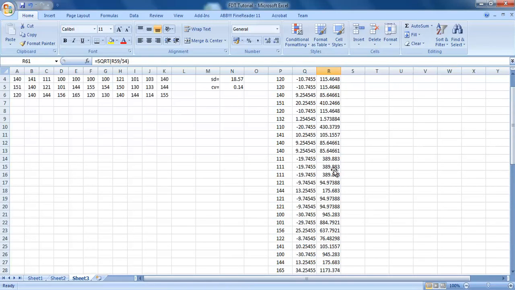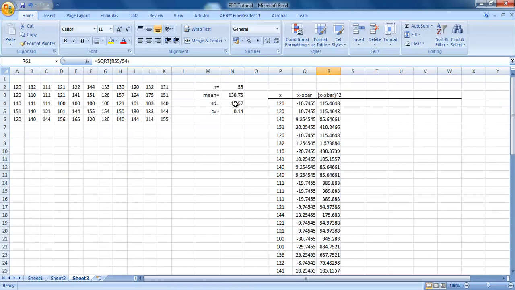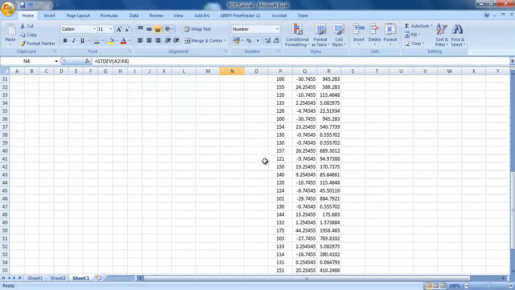Let us compare this value with what we got using the built-in formula. 18.57. Well, that's a rounded off number. So it is actually 18.5654. So this is what we got using the built-in Excel formula.